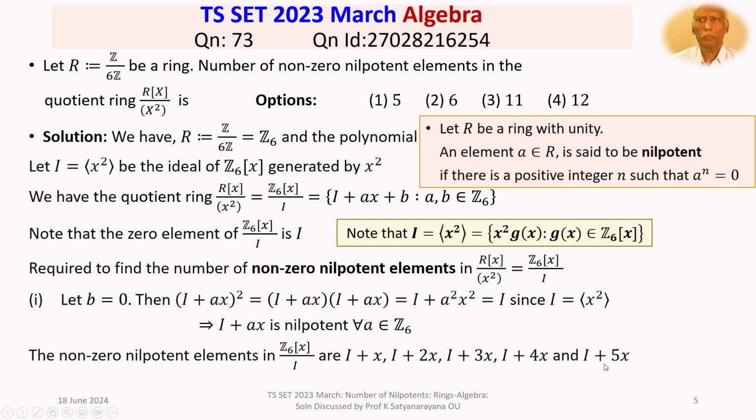These are the 5 non-zero elements. So in the answers, the 5 is appearing against option 1. Now the question is, are there any other non-zero nilpotent elements? That's the question. So that means most probably there might be some non-zero nilpotent elements when b is not equal to 0 in case 2. So let's go and investigate in the next slide.